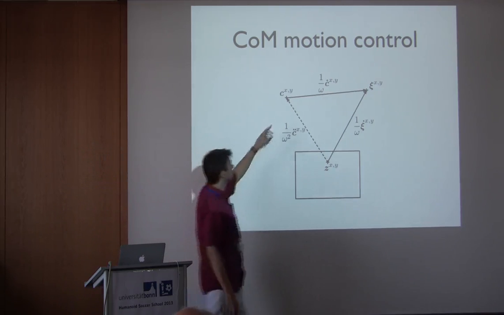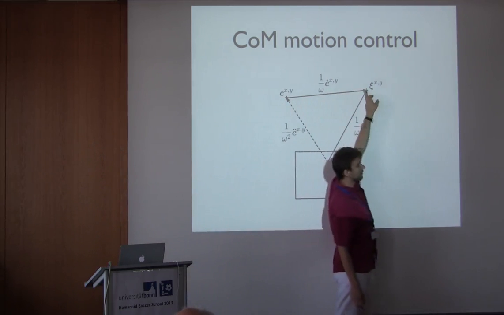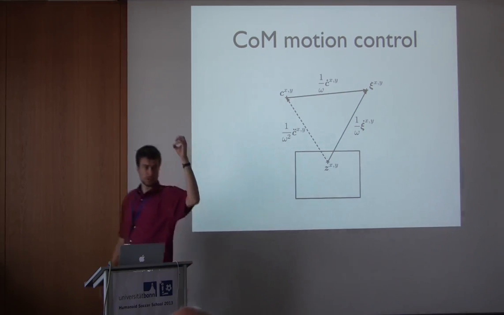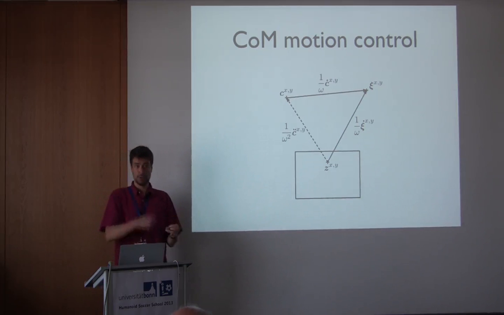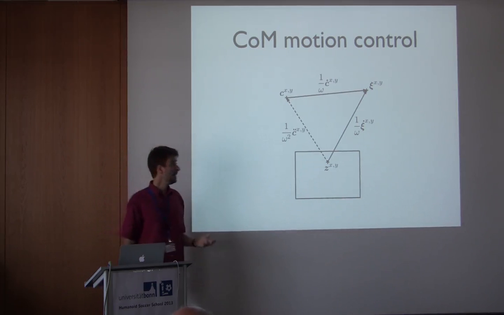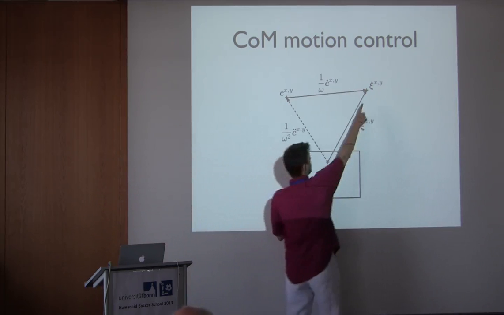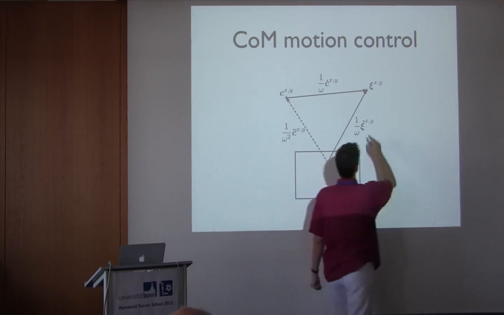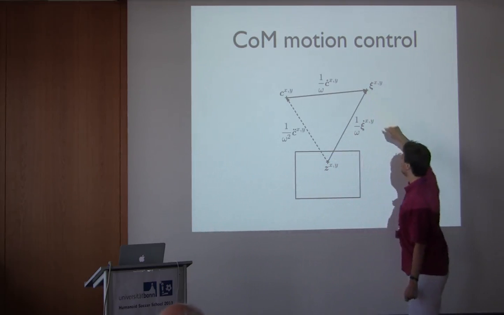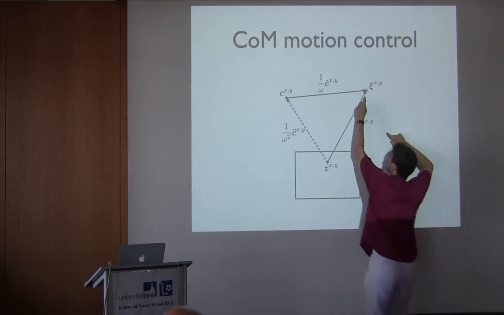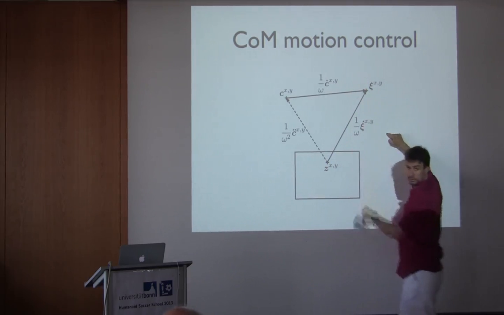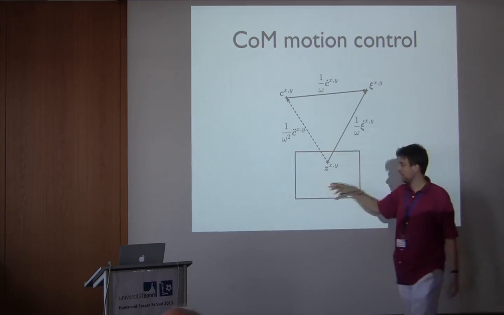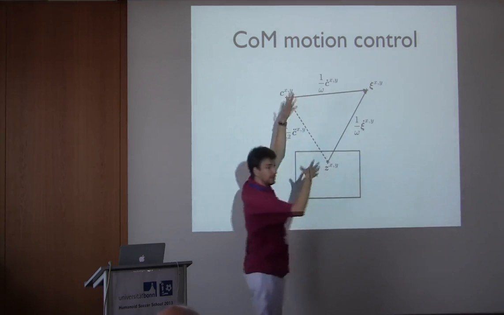Well, we know that the center of mass is always going in the direction of the capture point. So if you want the center of mass to go to a specific position, let's put the capture point in this position. And then we know that the capture point is going away from the center of pressure. So if we want, for example, the capture point to go here, then we need to put the center of pressure somewhere there.